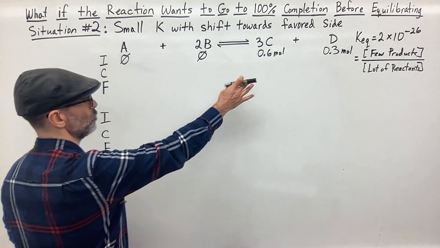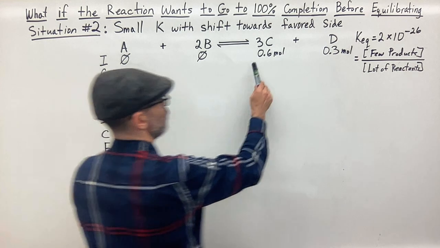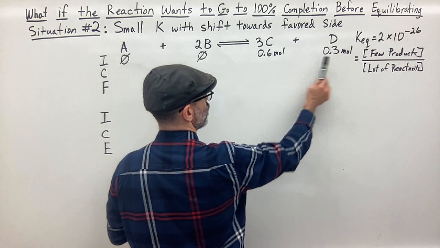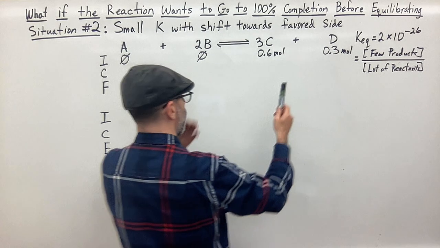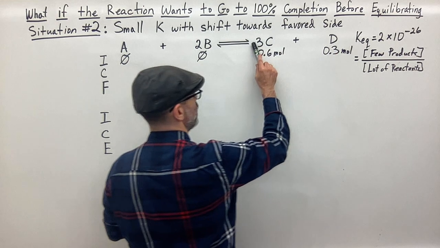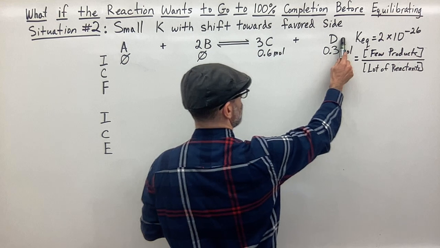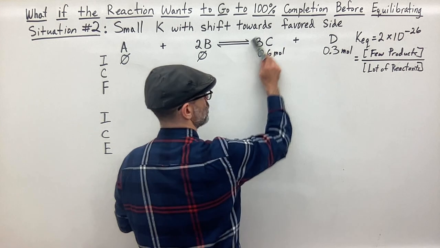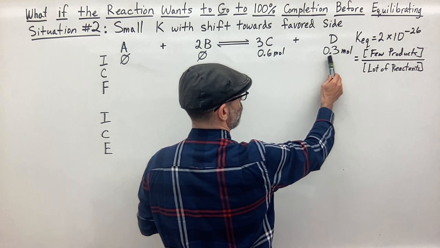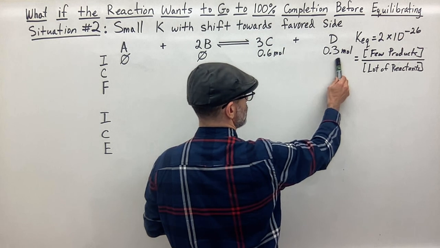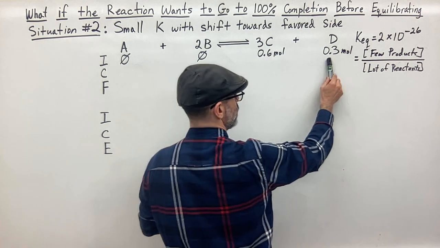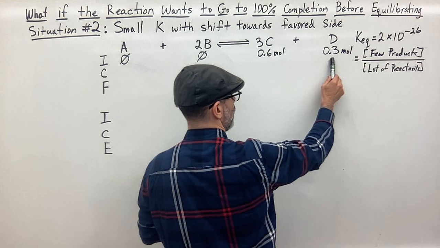Okay, so we have our moles. First thing we want to know is which one of these is our limiting reagent, which one of these is going to go away first. So I know that I have a 1-to-3 ratio. So for every one of these, I need 3 of these to react. So I need 3 times as much. So if I have 0.3 moles of this, then I need 3 times as much of C. So 0.3 times 3 is 0.9.